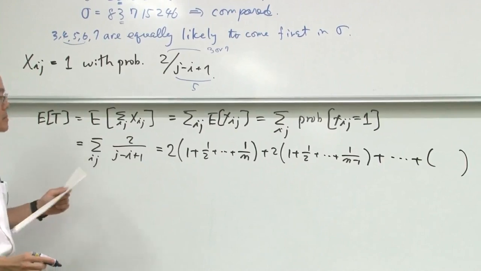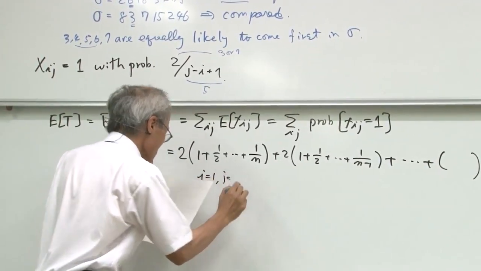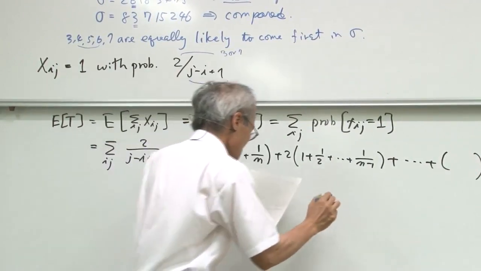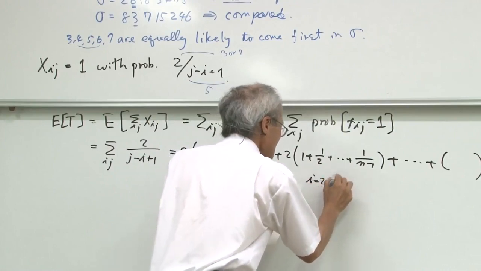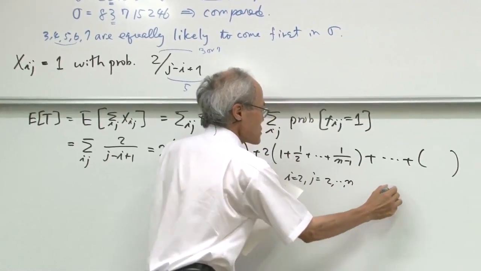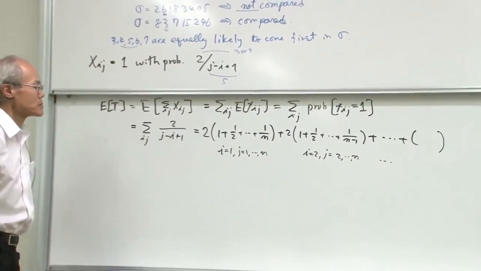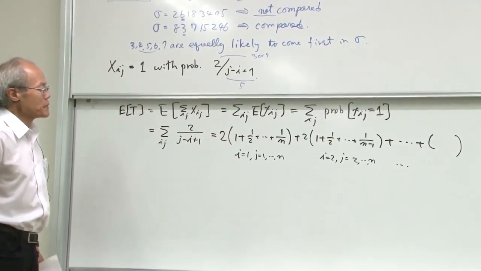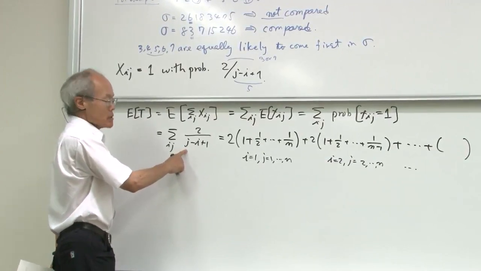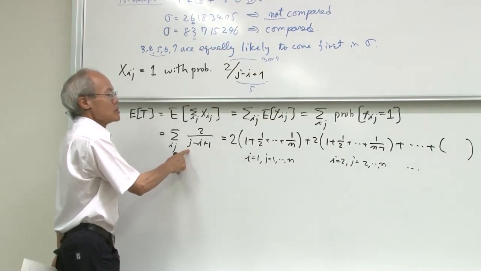So this is the case: i is equal to 1, j is equal to 1 through n. i equal 2, j equal 2 through n, and so on and so forth. We sum up all i and j. If i is equal to 1, then j can be 1 through n. If i is equal to 2, then j can be 2 through n.